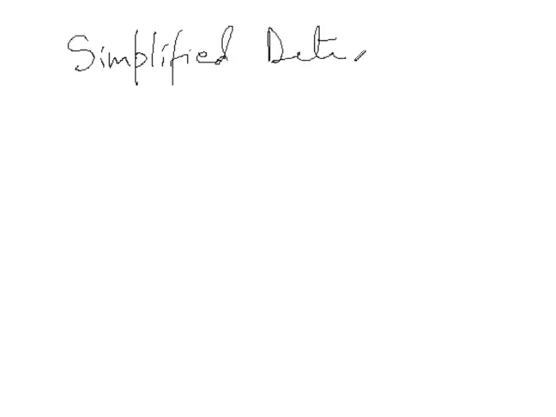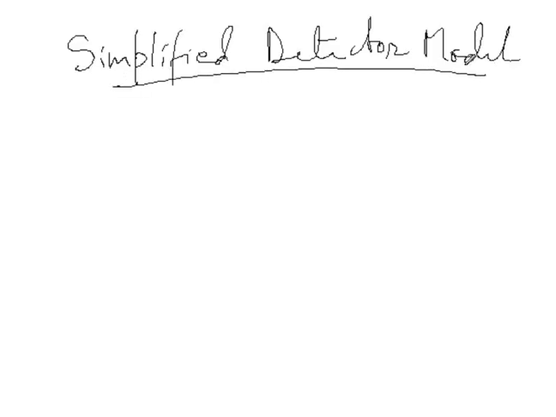So now, after we have discussed the various characteristics of detectors, the next topic that I would like to talk about is the simplified detector model. Now you must remember the net result of radiation interaction in a wide category of detectors.